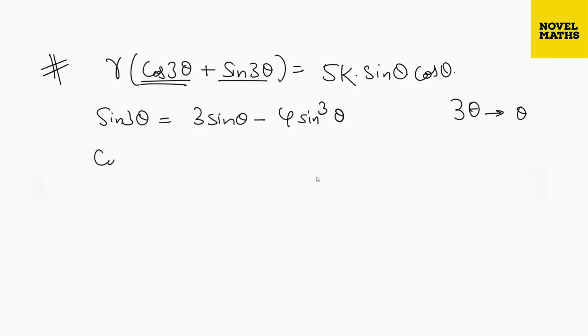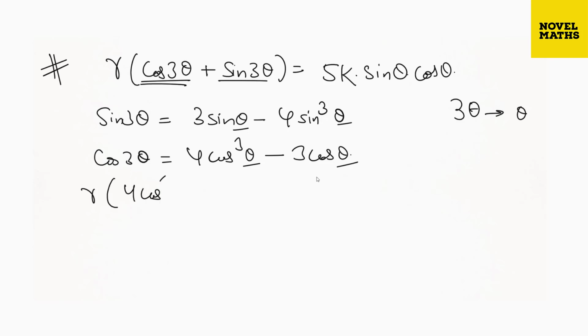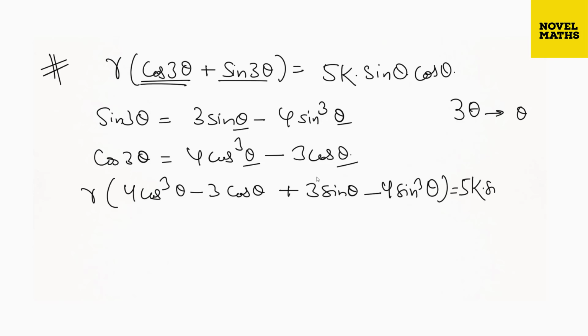I'm usually unable to recall this, so I'm just writing it from my notebook. Okay, cos 3 theta is 4 cos cube theta minus 3 cos theta, and sin 3 theta is 3 sin theta minus 4 sin cube theta. You have to just substitute everything here in terms of theta. So r times (4 cos cube theta minus 3 cos theta) plus 3 sin theta minus 4 sin cube theta equals 5k sin into cos.